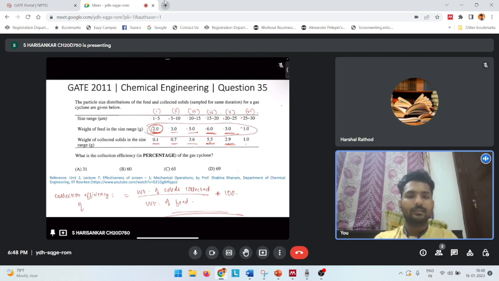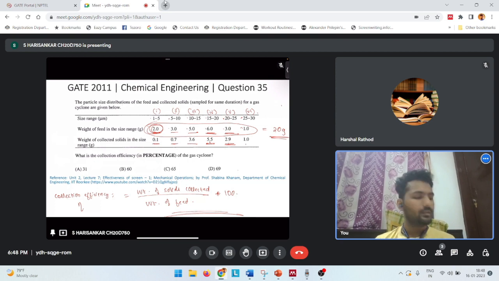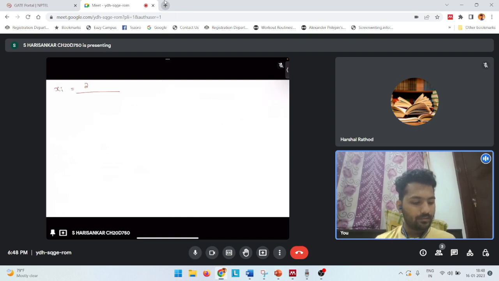So this will be equal to 2 plus 3 plus 5 plus 6 plus 3 plus 1, which will be 20 gram. So the mass fraction x1 will be 2 divided by 20, and this will be equal to 0.1.